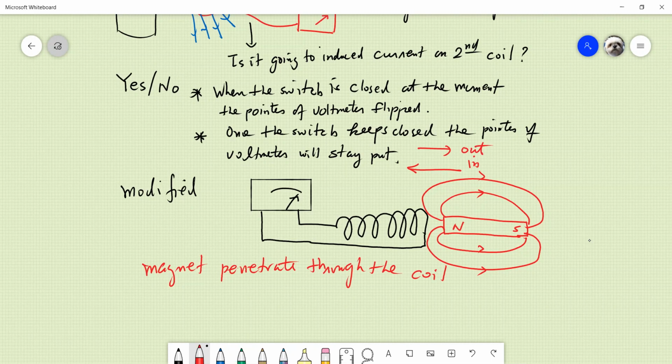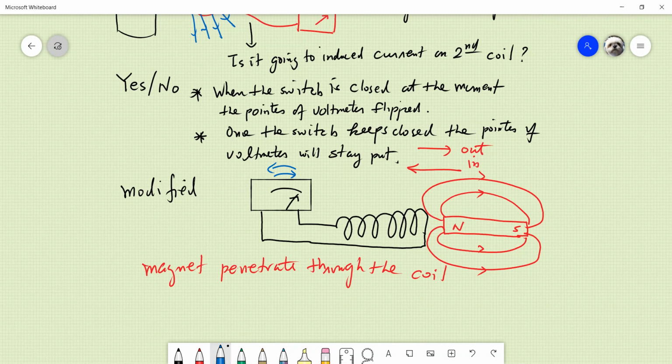Then what he observed is that the pointer goes left and right. If the motion is faster, the pointer will flip crazily, moving back and forth, left and right, very fast.